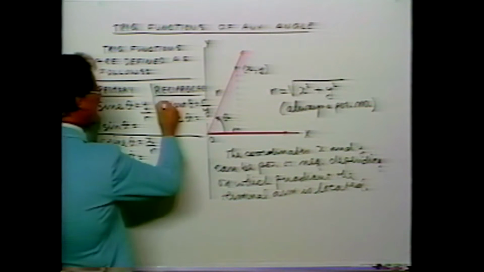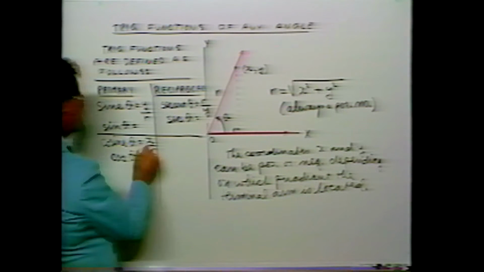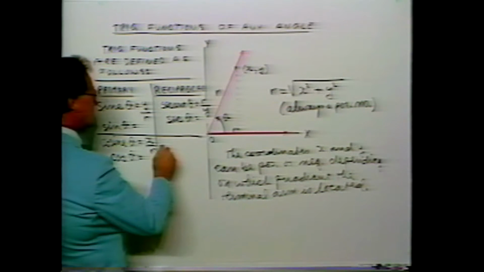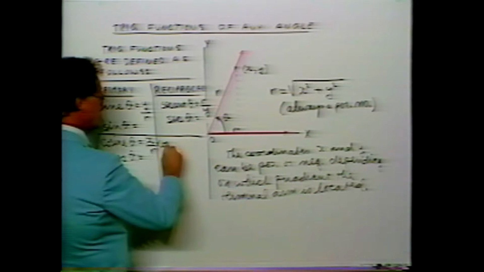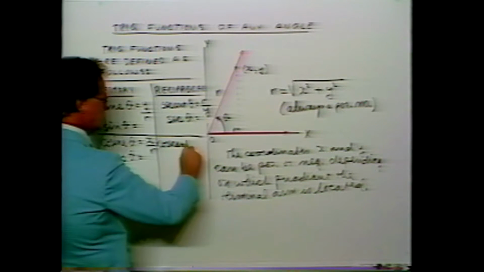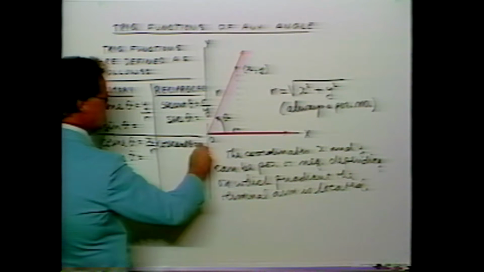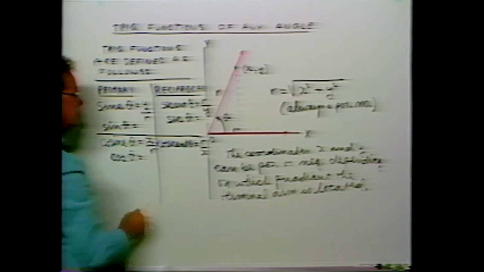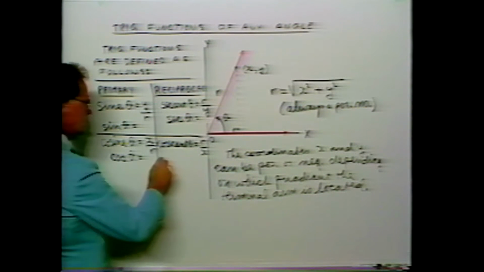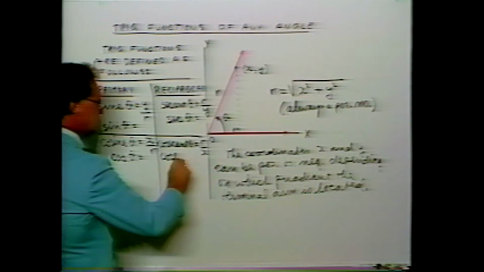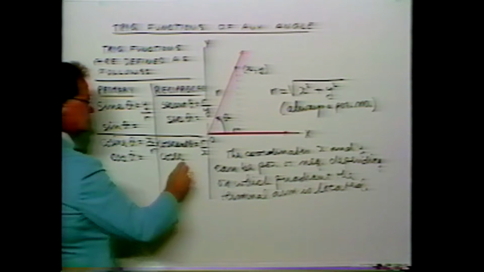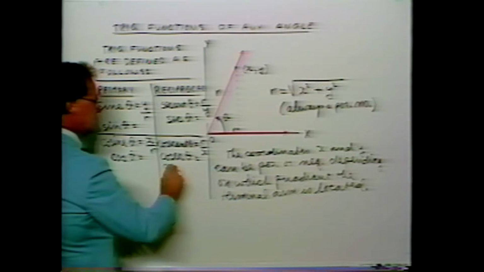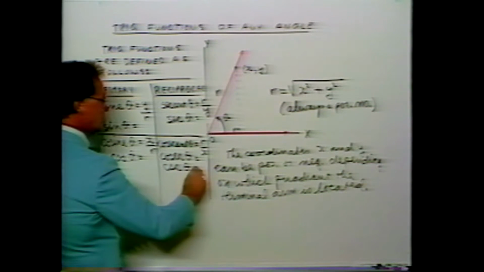The reciprocal ratio of cosine, which would of course be r over x, is called the secant. There are two short forms for cosecant, cosec or simply csc.